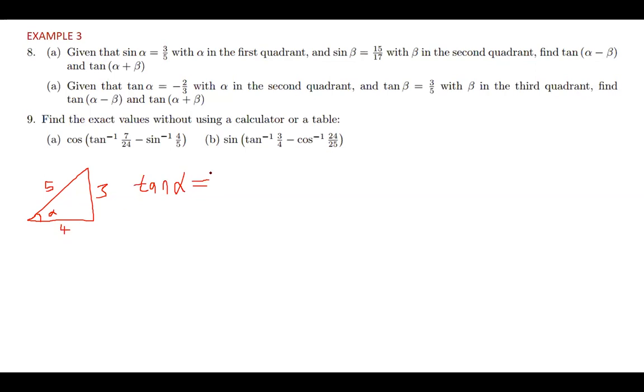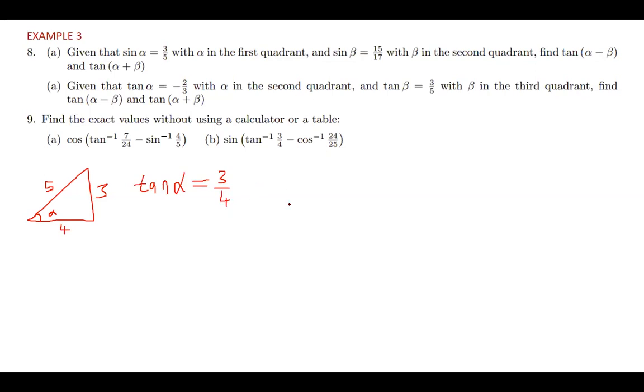So tan is going to be the opposite, which is 3, over the adjacent to this angle, which is 4, like that. So this is going to be my tan alpha.